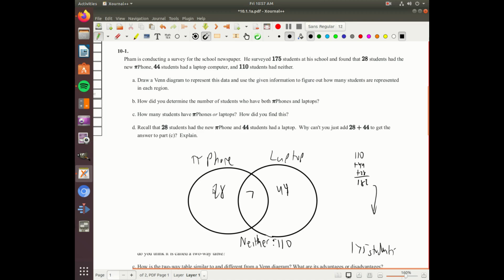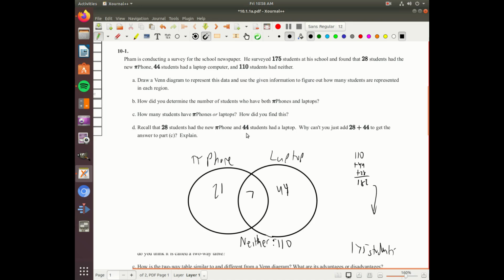But if 7 people have both, this is saying 28 have a PiPhone only and 7 have both, so that would be 35 with the PiPhone, but we really only have 28 with the PiPhone. So I'm going to have to change this to 21. Now if I read this, it says 21 with the PiPhone, 7 with both, that's 28 with the PiPhone.